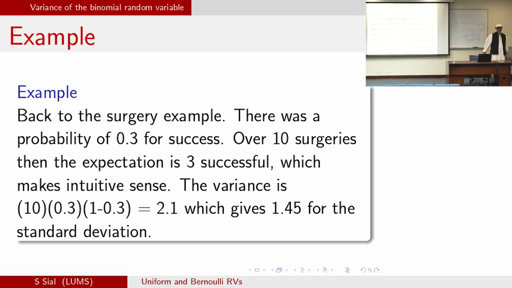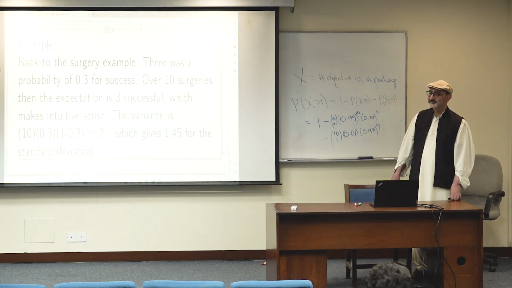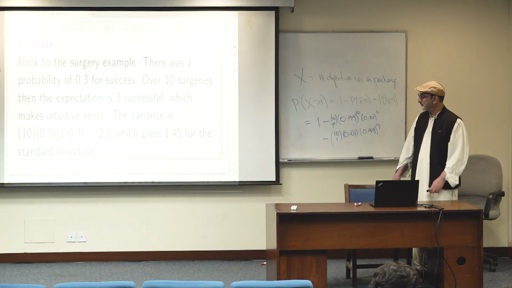So if you were to get 4 or 5 successful surgeries or only 1 successful surgery, you still would not be surprised by that. You'd still be within 2 standard deviations of the expectation.